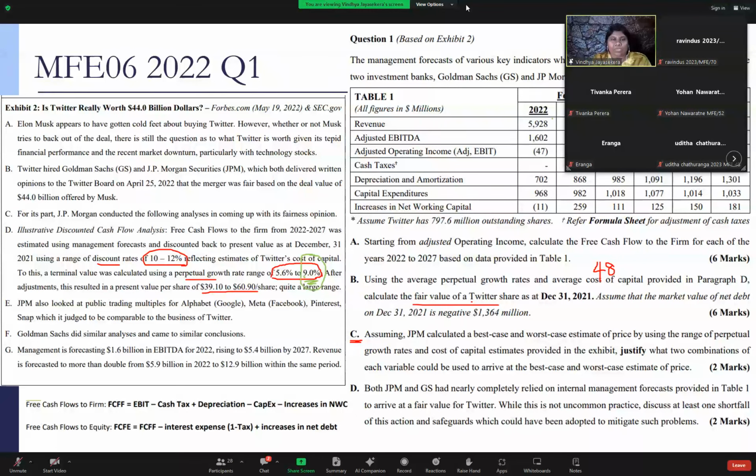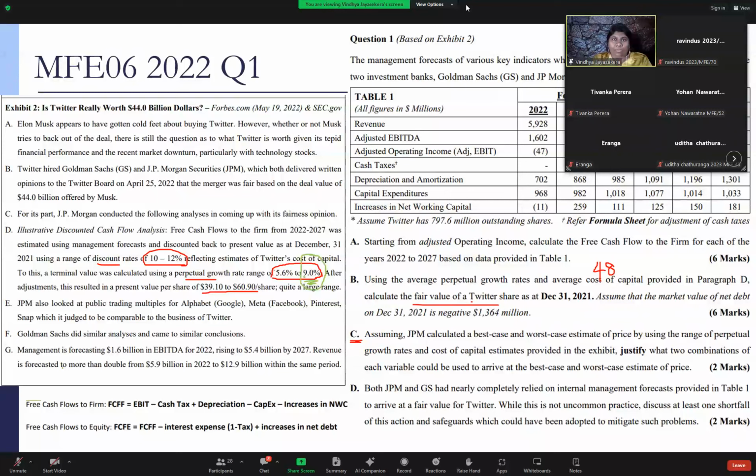So the highest growth rate gives you the best price. And from the cost of capital side, the lowest cost of capital, because the lower the discount rate, the higher the price.